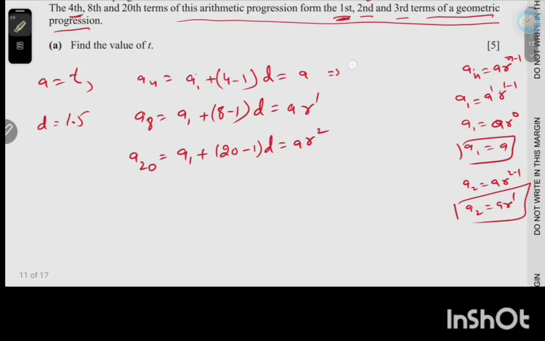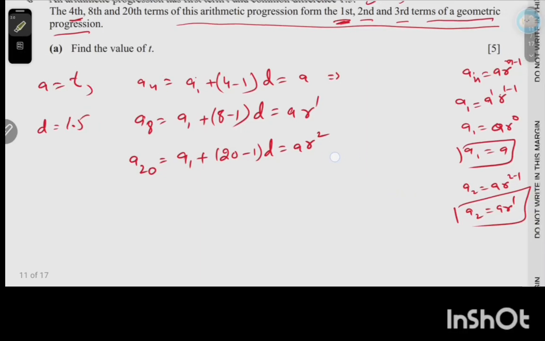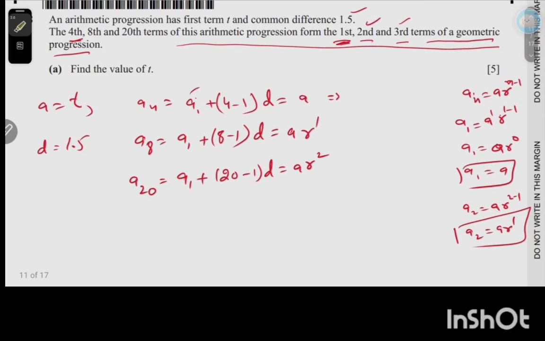More simplification: t equals t plus 4.5, because the term is t, and 4 minus 1 is 3, and d we have the value of 1.5, which is equal to a.